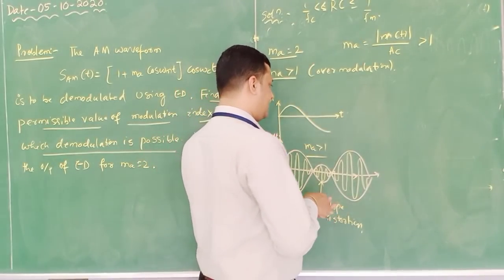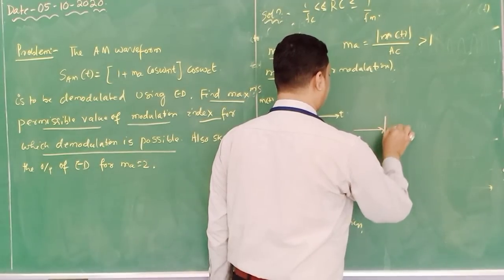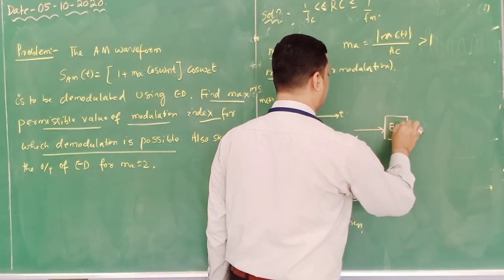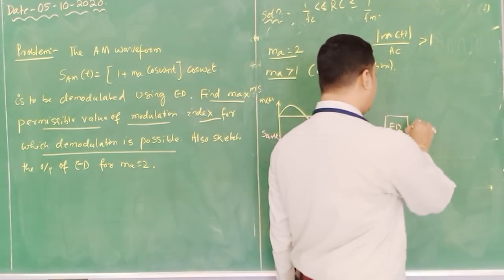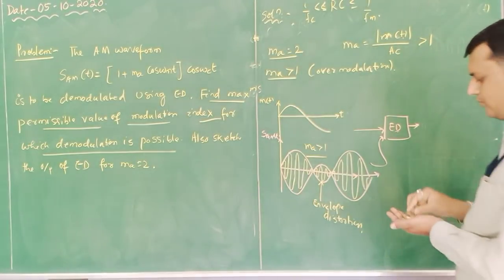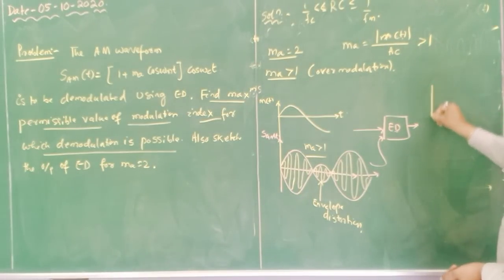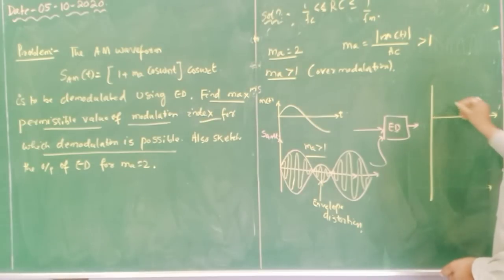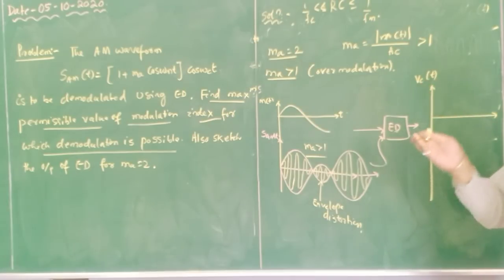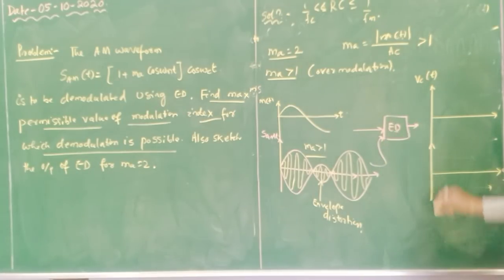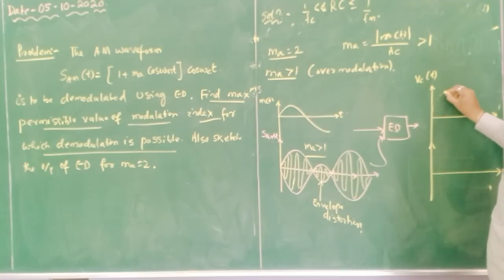Next, this AM signal is going to pass through the envelope detector, and we need to identify the output of this envelope detector. First, the output of the capacitor in the envelope detector, and then we will see the output of the smoothing filter, which is the output of our envelope detector.